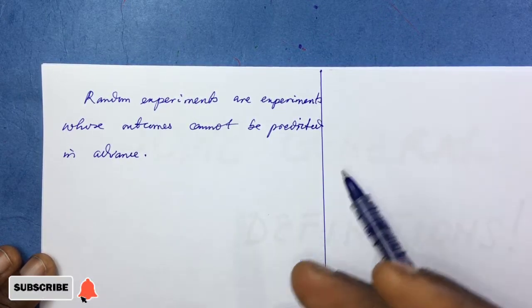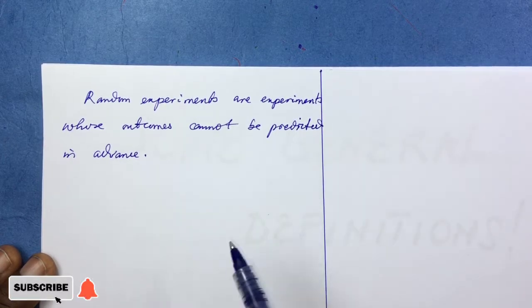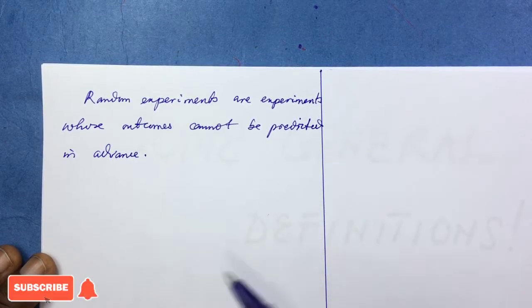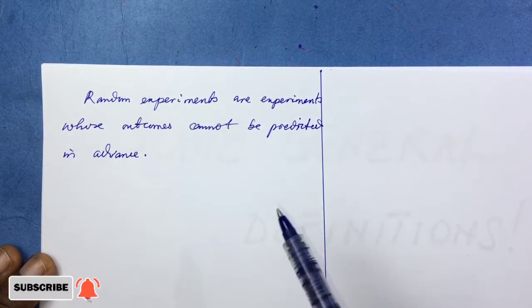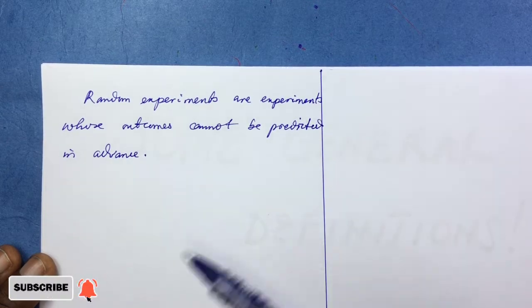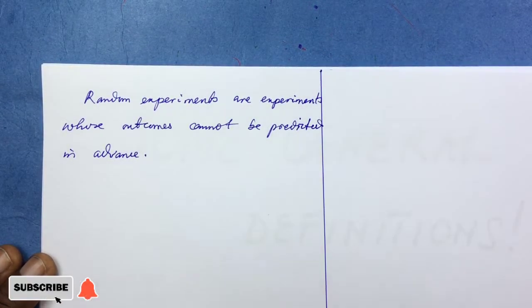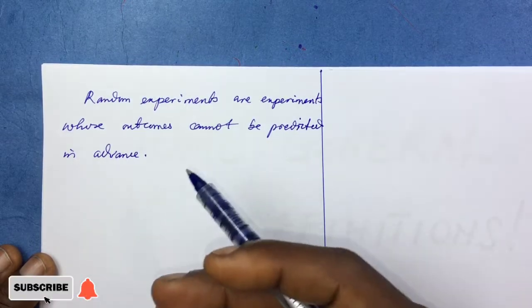So random experiments are different from such experiments simply because you can tell the outcome or the result of such experiments you perform in other fields in advance. If you can tell the outcome of an experiment even before the experiment is carried out, then it means that experiment was not random after all.